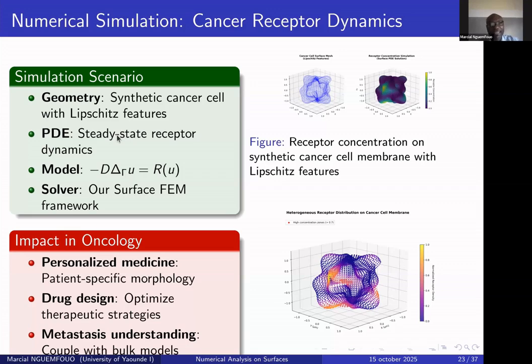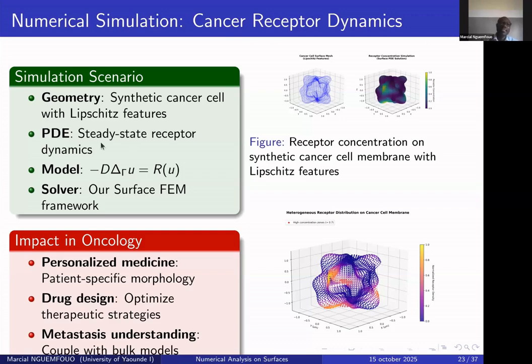Why, as stated in the beginning, PDEs on surfaces have a lot of applications. Let me show just an example here in cancer receptor dynamics. Our geometry is just a synthetic cancer cell with Lipschitz features.